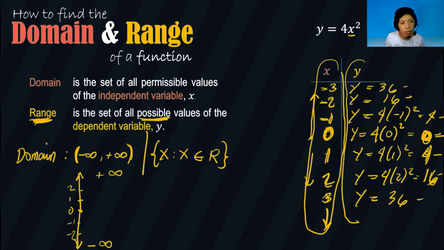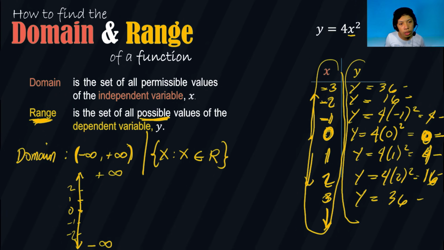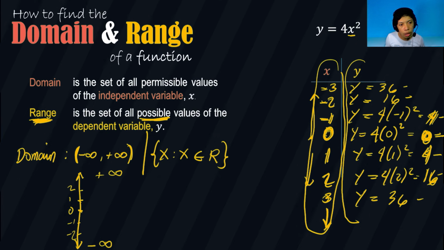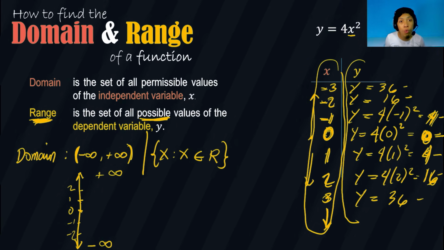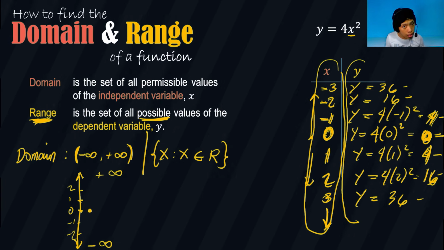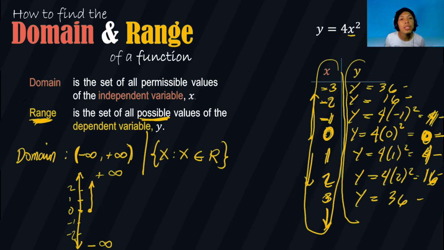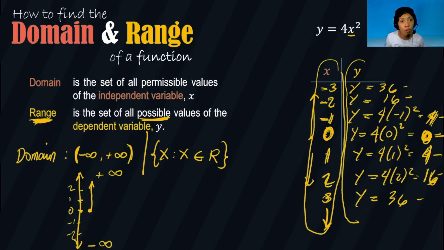Okay, look at this one. 0 is the lowest value because when x decreases, to negative 1, y still increases. That means the values of y are from 0, including 0, to positive infinity. It is impossible for this equation to generate a negative value of y.